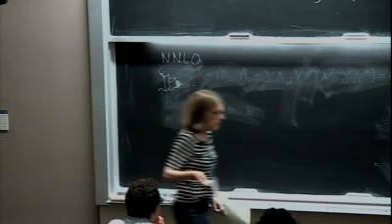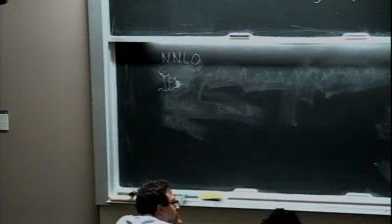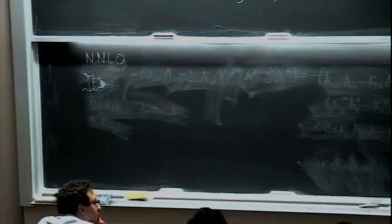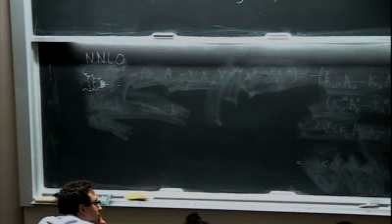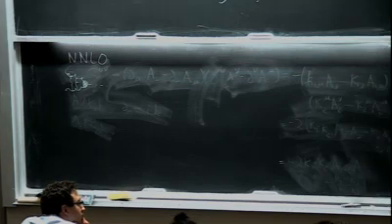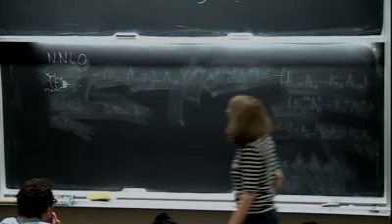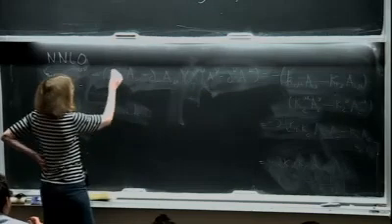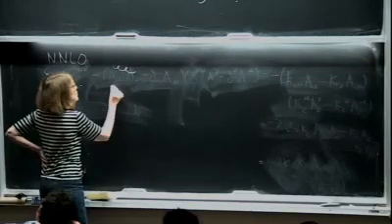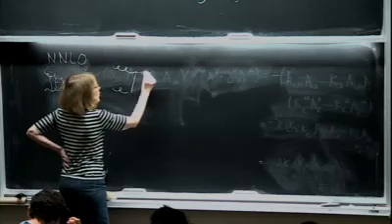So the way you test this, which is extremely useful, is you're calculating some crazy diagram in the real theory. So let me draw some diagram in the real theory.